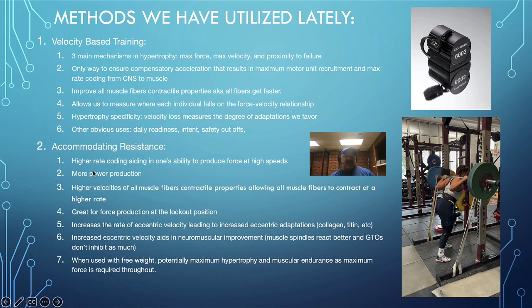So also, accommodating resistance is going to be more power production. We talked about that already. Higher velocities of all the muscle fibers. All muscle fibers, contractile properties allow all muscle fibers to contract at a higher rate regardless, fast twitch, slow twitch. And then it's great for force production at the lockout position.